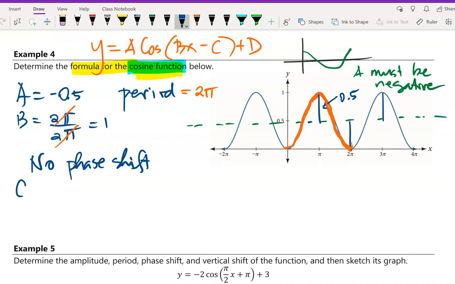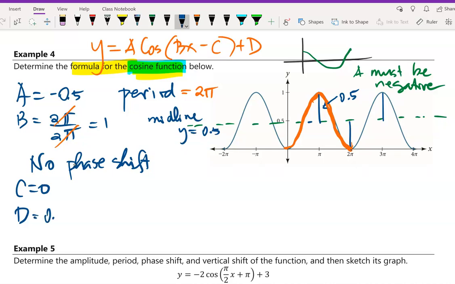So that means c is equal to 0. Then d, and we know that the midline here is at y equals 0.5.